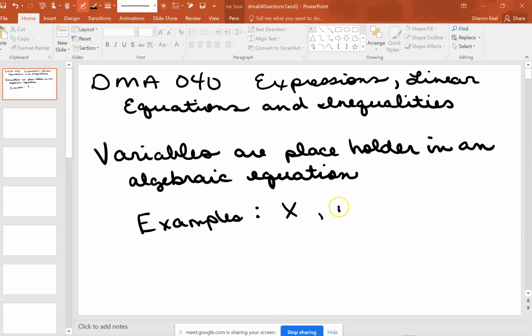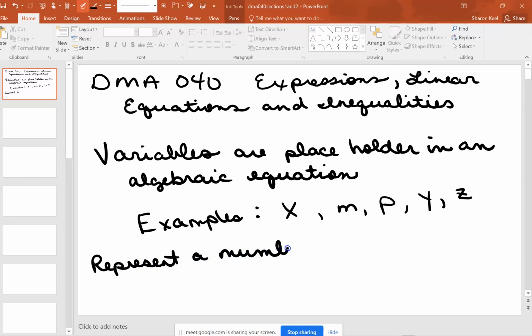Oftentimes you'll see an X, an M, a P, a Y, a Z. Now when I do Z's, I always put a little tick mark through it. You're going to see a variety of letters used as placeholders. They represent a number we do not know.